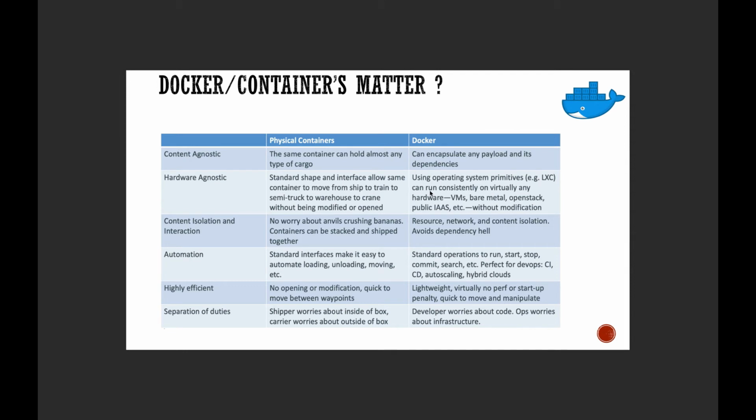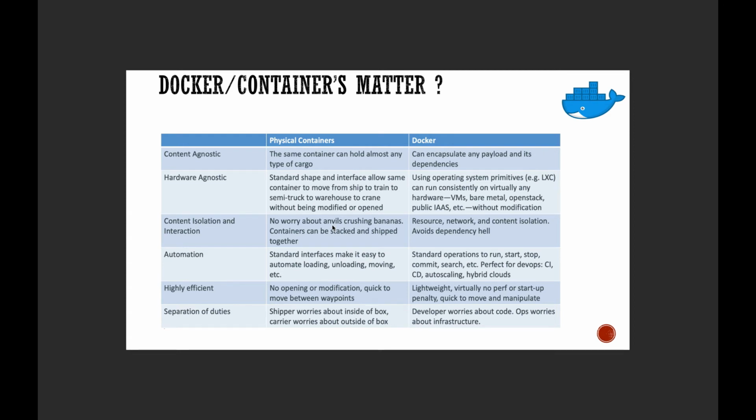In the case of Docker, the operating system uses a system primitive like LXC, which can run consistently on any virtual hardware like VMs, bare metal, OpenStack, public infrastructure as a service, etc., without any modification. Content isolation and interaction: we don't need to worry about anvils crushing bananas, or cereals getting mixed up, or rice getting mixed with tea, etc. So containers can be stacked with the required safety equipment.